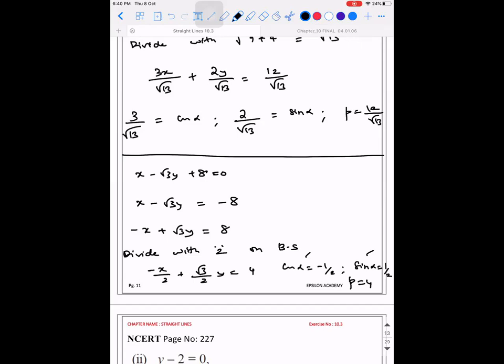Second quadrant. Yes. In second quadrant, alpha will be 120 degrees. So what will be the required answer? x cos 120 degrees plus y sin 120 degrees is equal to 4. This is the required answer.